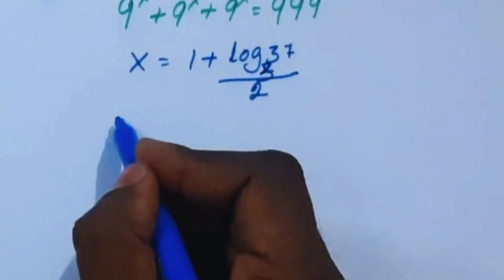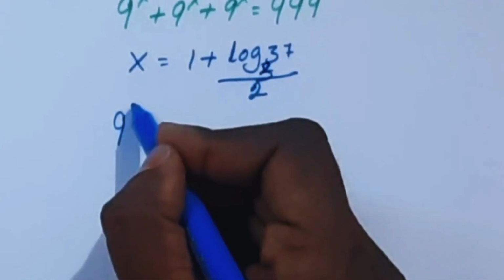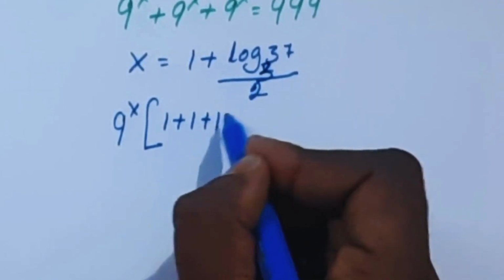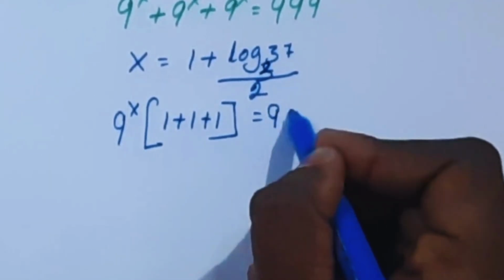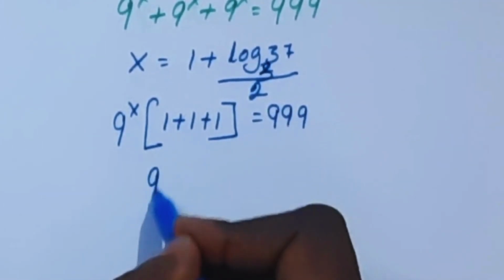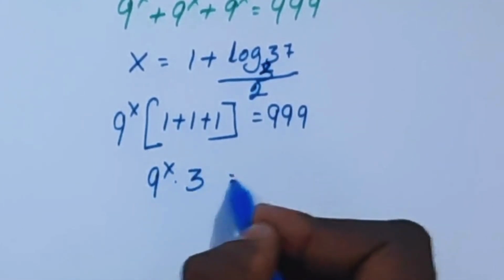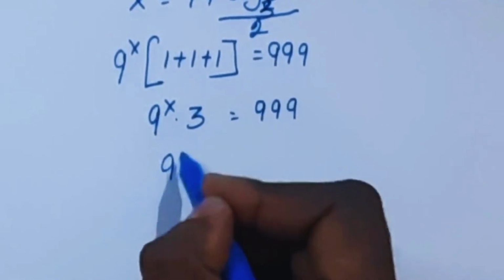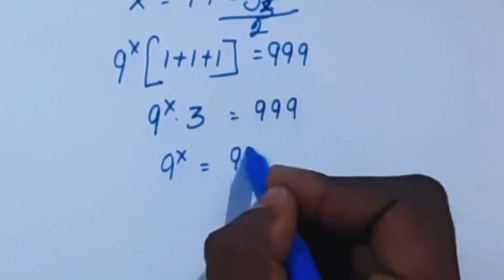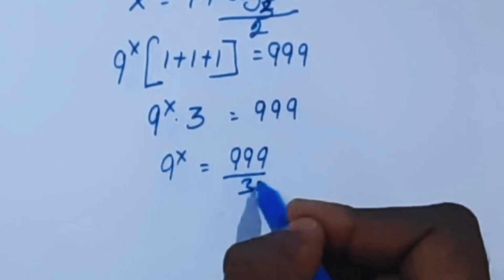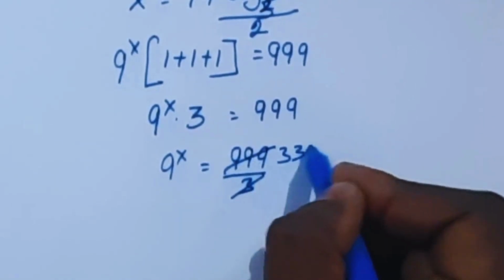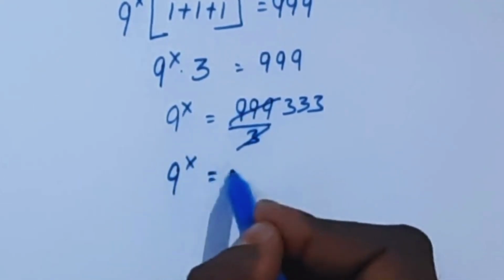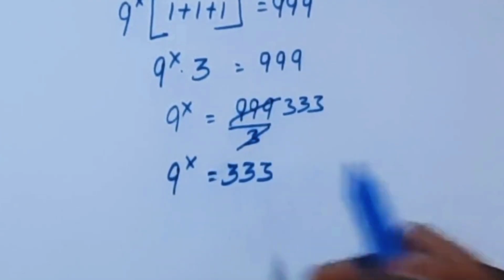So 9 power x open bracket 1 plus 1 plus 1 close bracket 999. Now 9 power x times 3 equal to 999. So 9 power x equal to 999 by 3. Simplify this, 333. So 9 power x equal to 333.